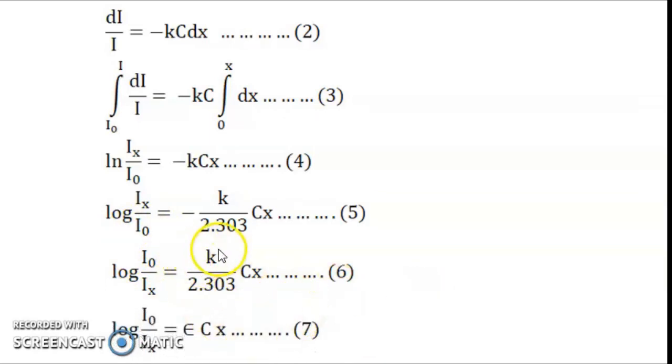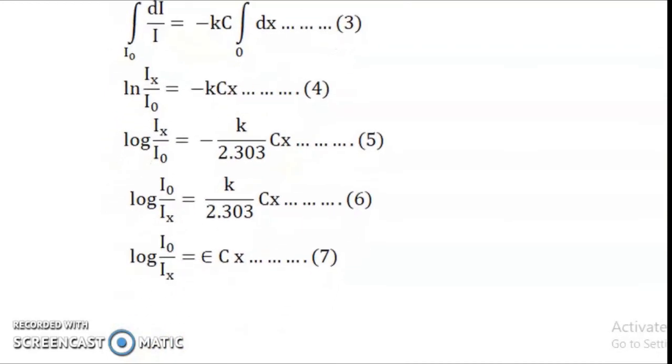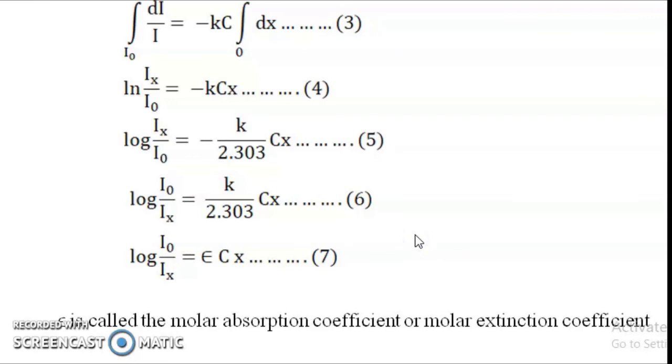Now K by 2.303 is a constant and can be put as epsilon, so the equation changes to log I0 by Ix is equal to epsilon Cx. Now what is epsilon? Epsilon is called the molar absorption coefficient or molar extinction coefficient. Epsilon is nothing but K by 2.303.